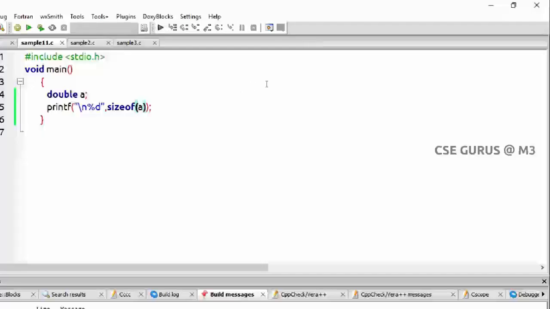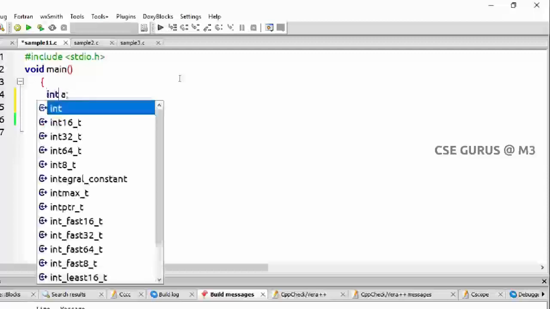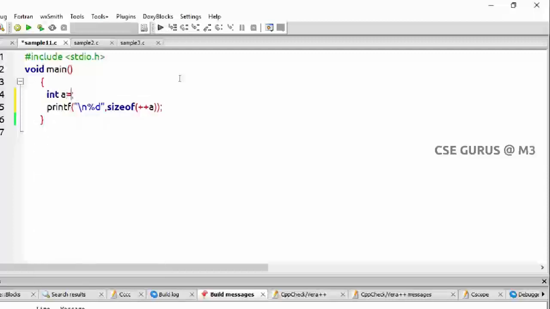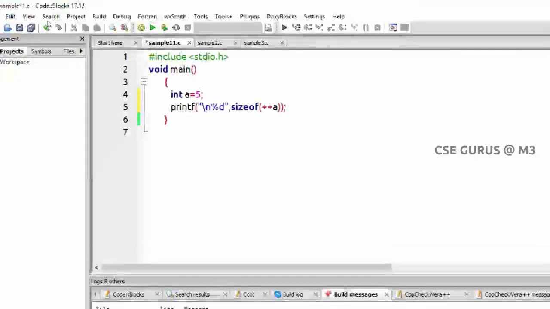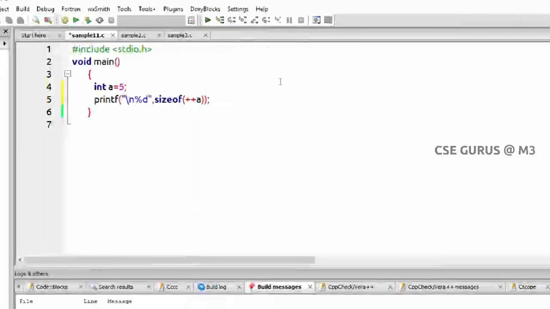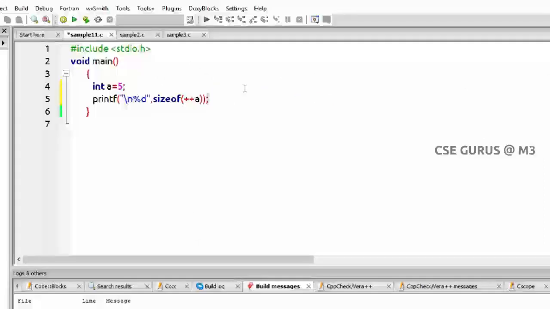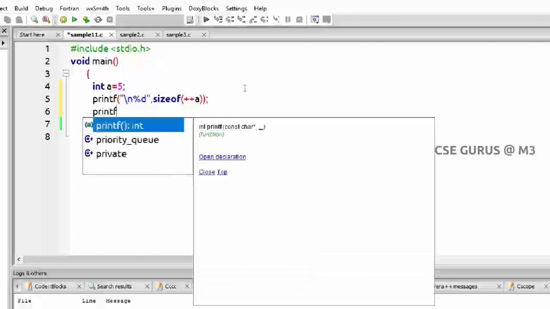Let me take one example. Let us suppose I write sizeof(++a), and int a is equal to 5. In this case also, of course it depends on your data type, that's why you feel it is 4 bytes.